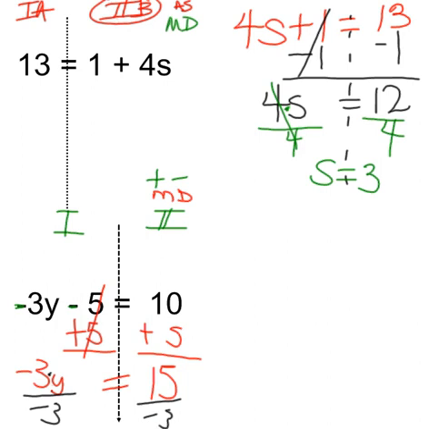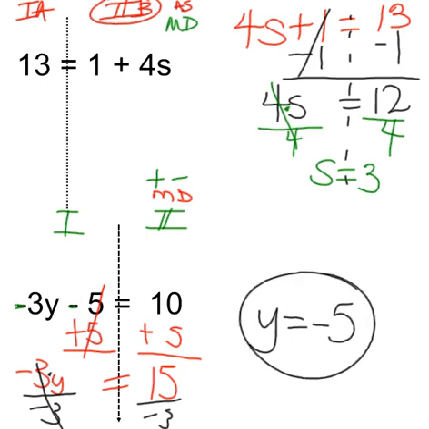Notice that I'm attending to precision this time, identifying that I am working with a negative so that I do not mess this answer up, hopefully. Negative 3 divided by negative 3 is a positive 1, and 15 divided by negative 3 is a negative 5. So y equals negative 5.